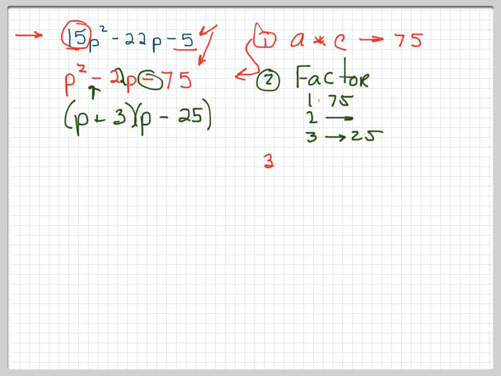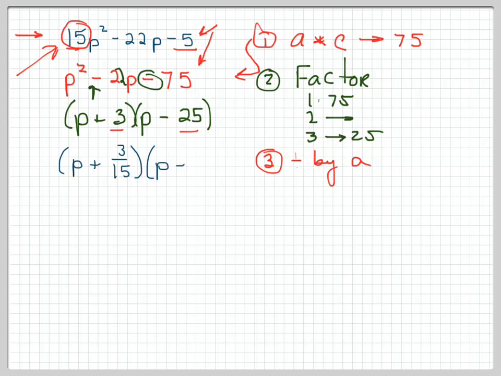Step number 3, we have to divide that a term back out of the 3 and the 25. So divide by a. And so it's going to look like the following. P plus 3 over 15, there's dividing the 3 by 15, and P minus 25 over 15.